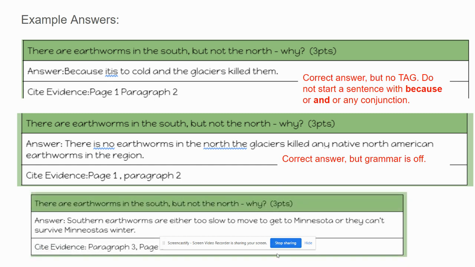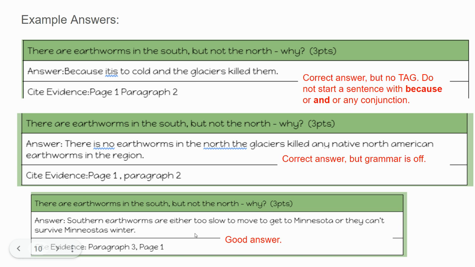And lastly, the third one is, southern earthworms are either too slow to move to get to Minnesota or they can't survive in Minnesota's winters. So Minnesota was spelled wrong, but this is a good answer. They kind of combined both of the correct answers into one, and they talked about where they got this from.